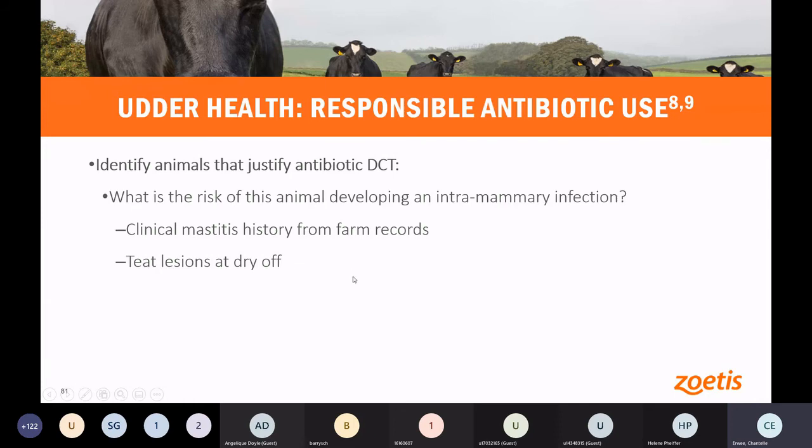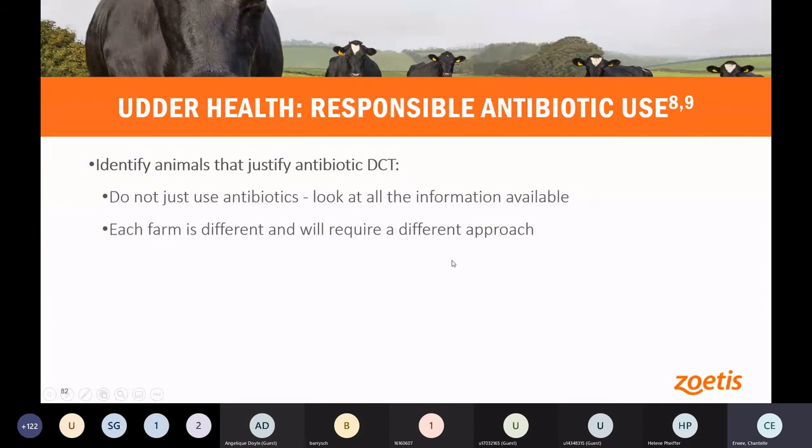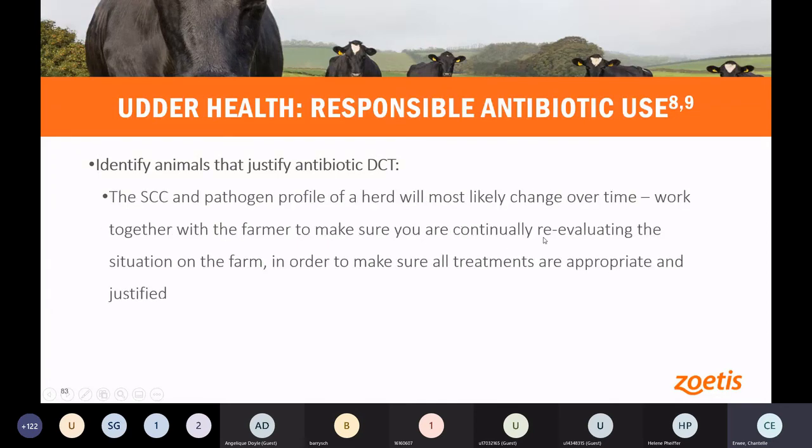You can do a clinical examination of that animal, look at whether there are teat lesions, palpate that udder, and look for any signs of fibrosis, etc. Each farm is different and will require a different approach, and you can also look at the somatic cell count, the pathogen profile of the herd, if that is available, and constantly reevaluate the situation on the farm to make sure that whatever you are advising is still appropriate and justified.